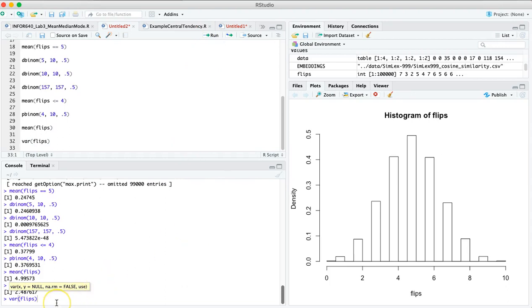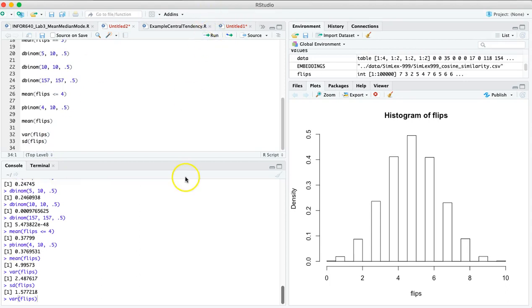And the variance of our flips is 2.489, or just about 2.5, which is exactly what we would expect given the fact that our mean was slightly below what we would expect as well. If you are more interested in working with standard deviation, you can also just pass SD and flips, and it will calculate it just as easily. And it's the square root, 1.58, of our variance.